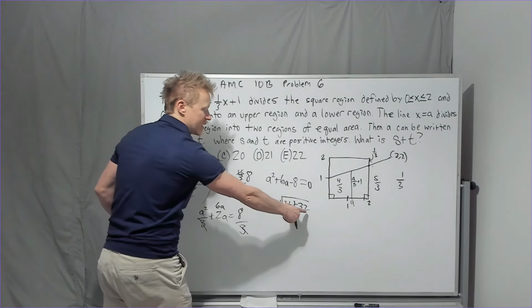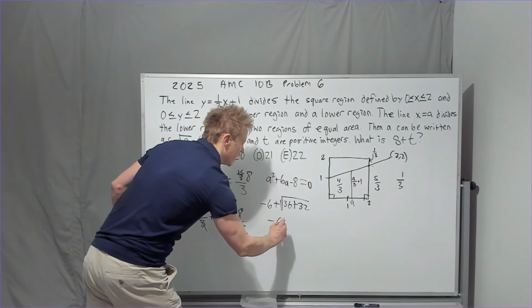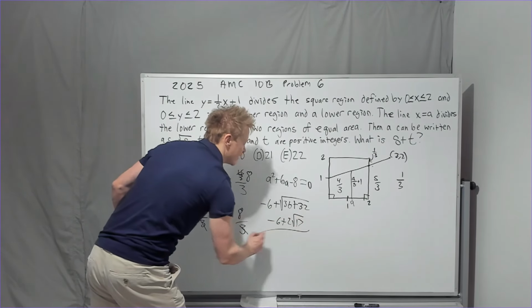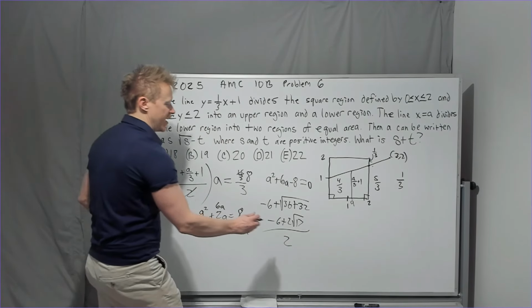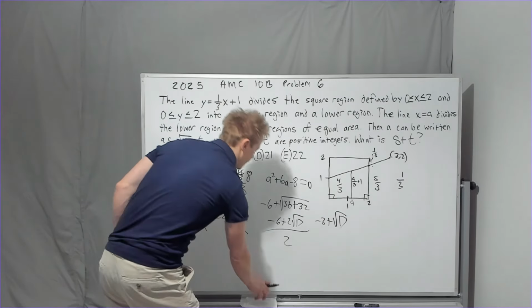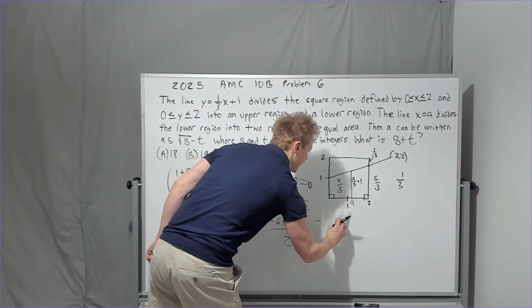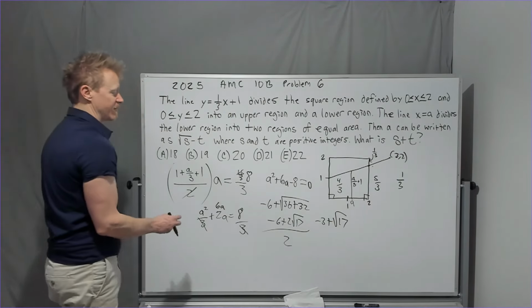I'm going to make that 68, which is 4 times 17, which is 2 rad 17. We get negative 6 plus 2 rad 17 all over 2. Divide and you get negative 3 plus rad 17. Whoops, let's make that look a little bit nicer. It should be negative 3 plus rad 17.